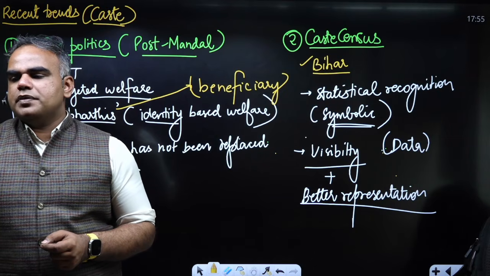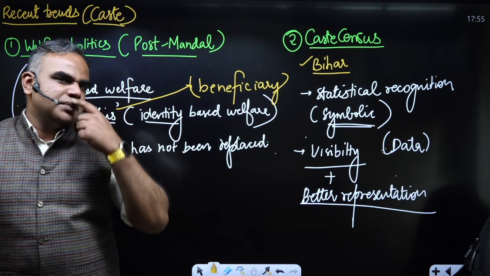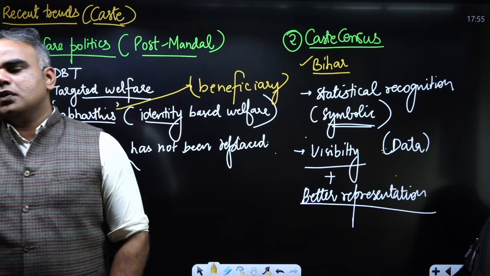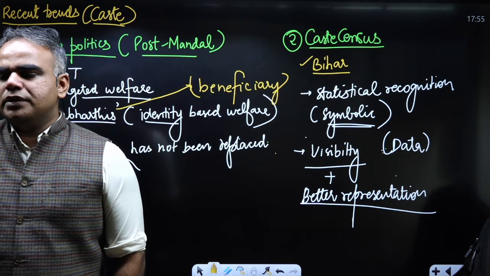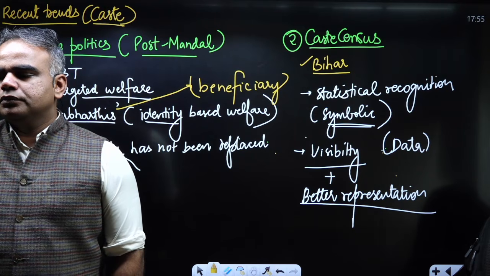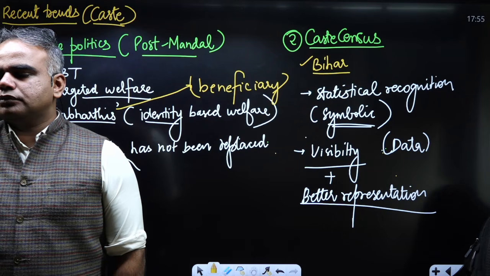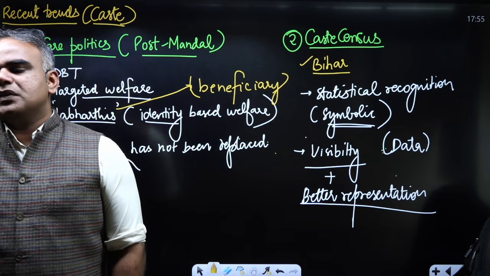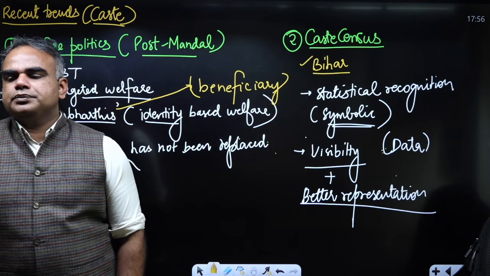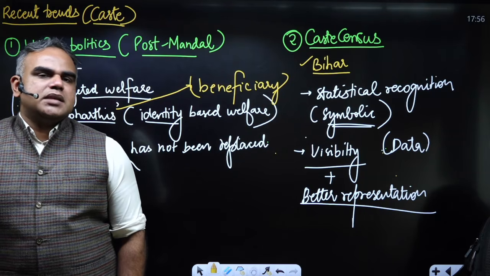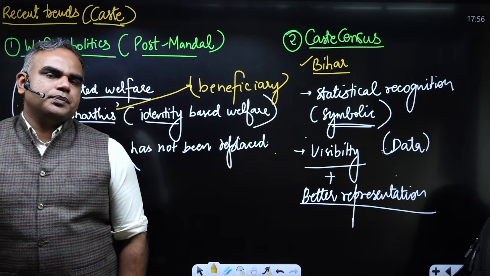Full stop. Then write direct benefit transfers, DBT, subsidized housing, cooking gas schemes, and targeted welfare programs.